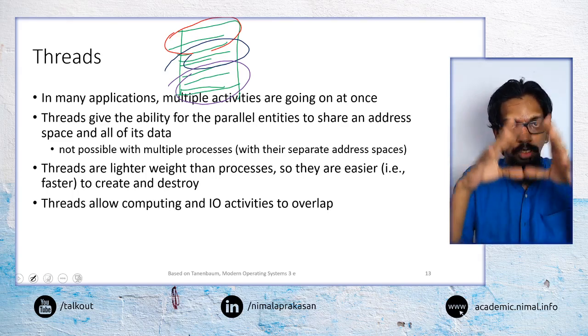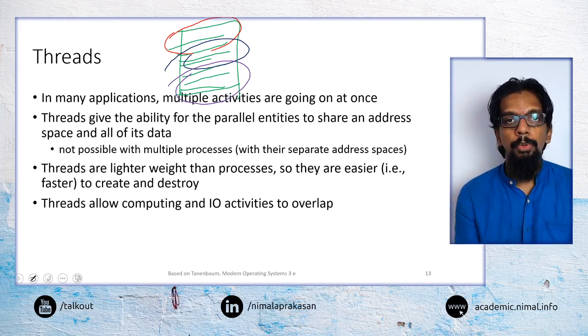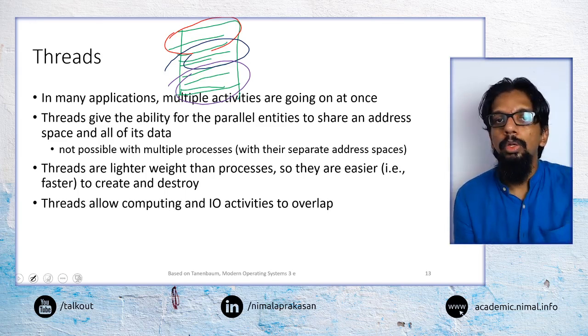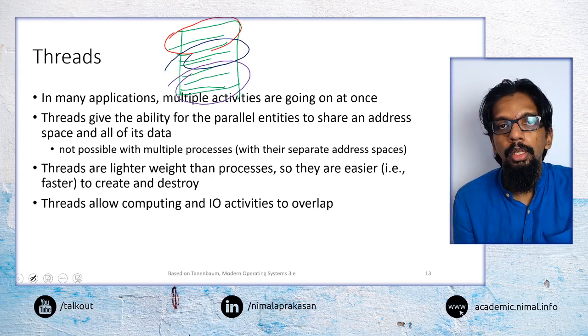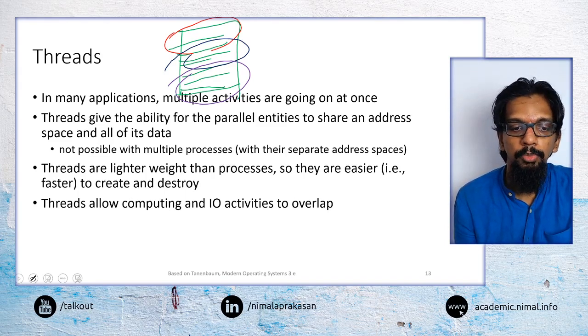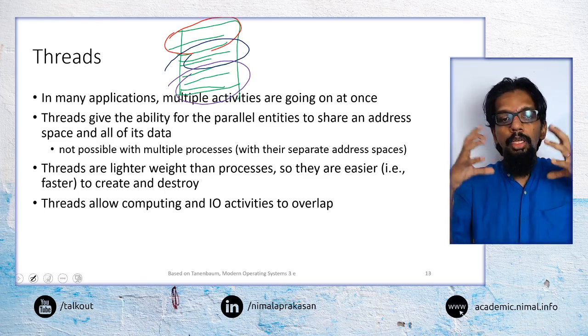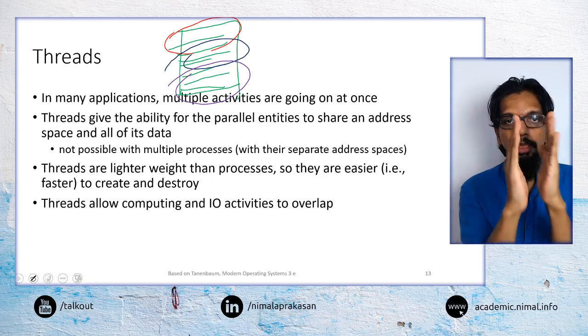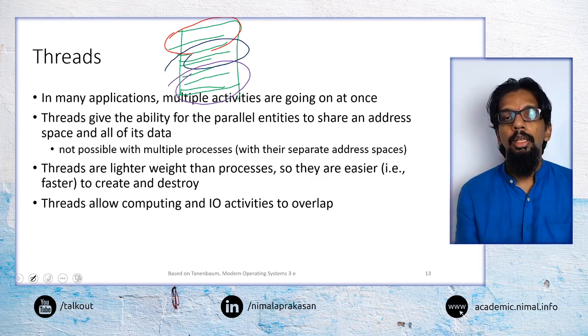Because this code exists within the same process, if we are running a single process, it can only do one task. So we may not have an easier way to do multiple of these tasks at the same time. A way to address this, a way to run these tasks in parallel, is the concept of what is called a thread.